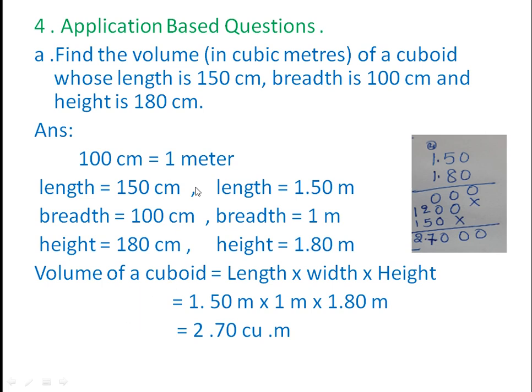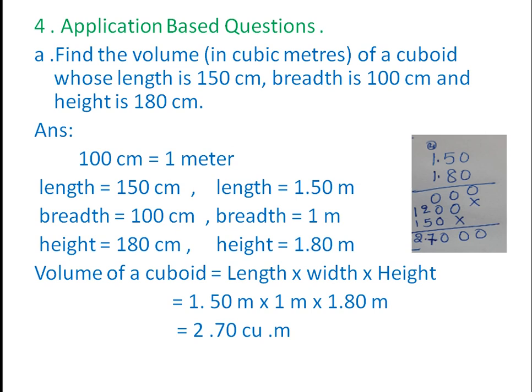And write down here, find the volume in cubic meters of a cuboid. Means here we write the formula of the volume of the cuboid. See, the formula for the volume of the cuboid is length multiplied with width multiplied with height.